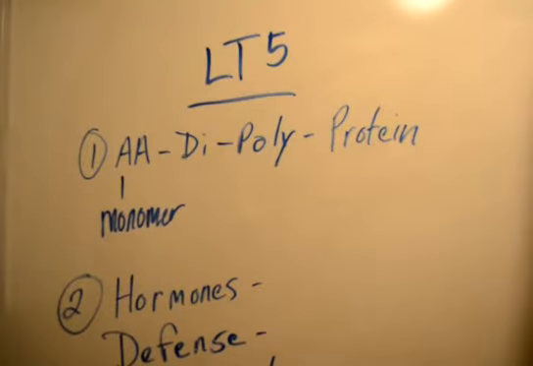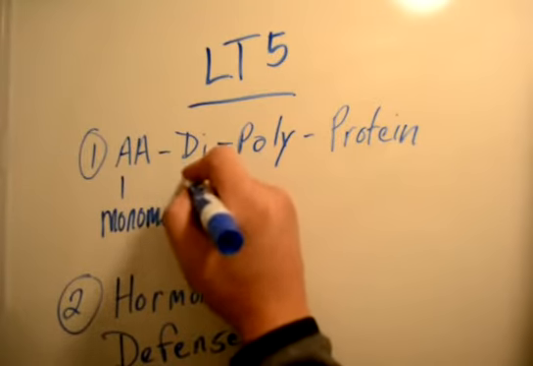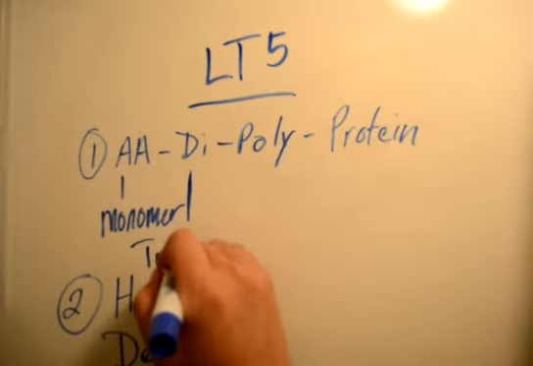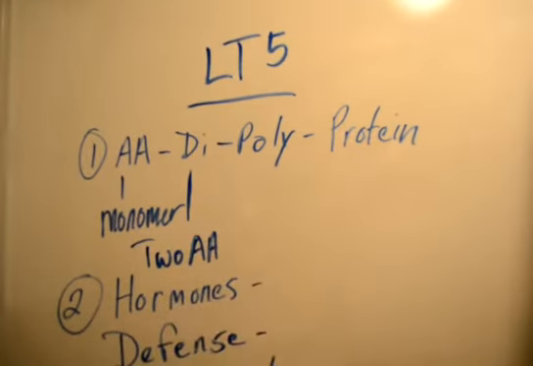Now, after an amino acid, you have a dipeptide, which is two amino acids attached to one another. Now the two amino acids are going to be connected by a peptide bond. So that's another description that you can include with your dipeptide.